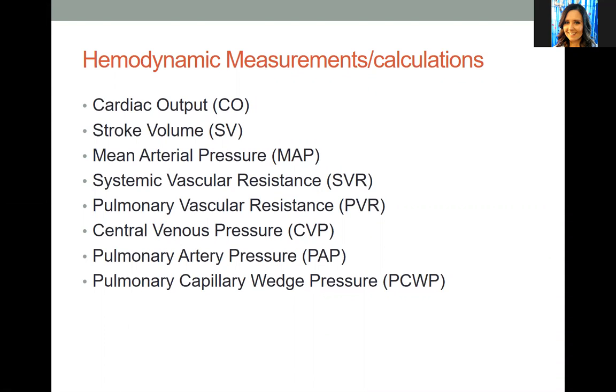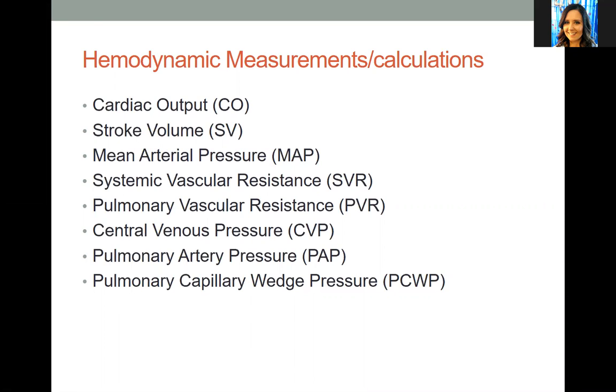So let's talk about the hemodynamic measurements or calculations that we actually do in clinical practice. We can measure cardiac output, stroke volume, the mean arterial pressure or MAP. We can measure systemic vascular resistance or SVR, pulmonary vascular resistance or PVR.